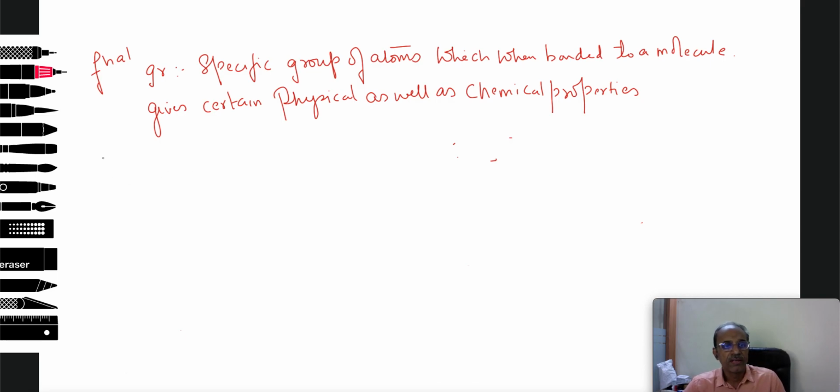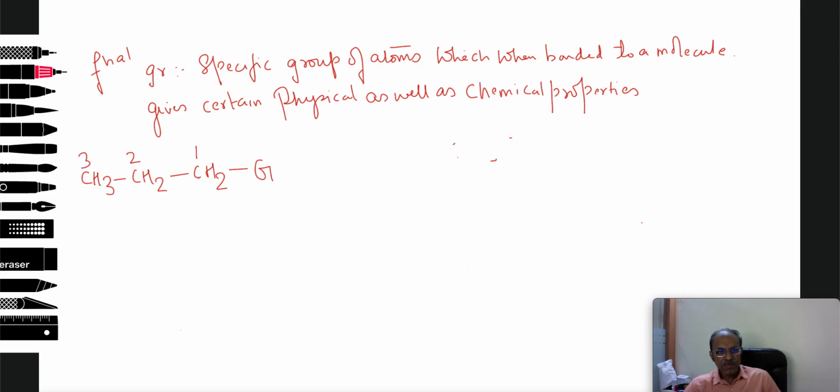Now, as we have seen here, take for example CH3, CH2, take for example CH2 and G. G is our functional group, right? Now, the carbon atom which is bonded, this is the first carbon, this is the second carbon, can I say this is the third carbon?